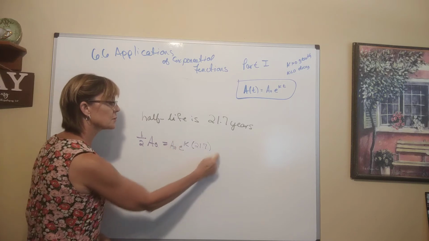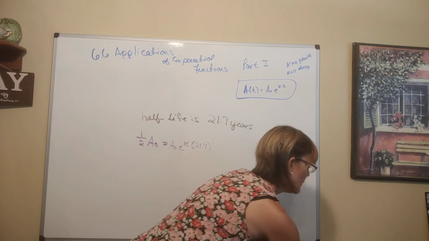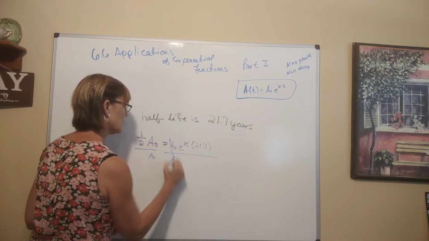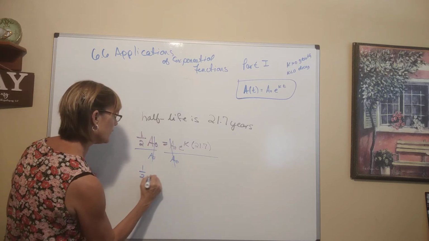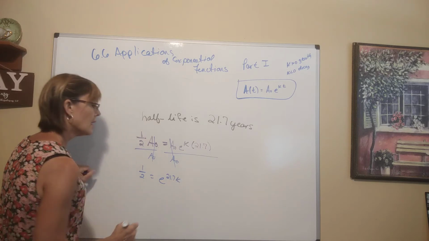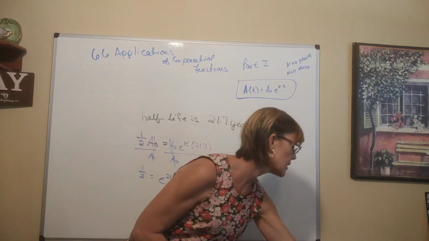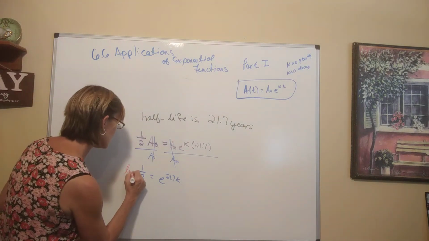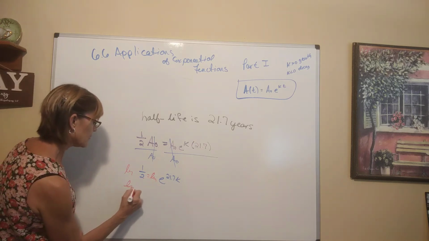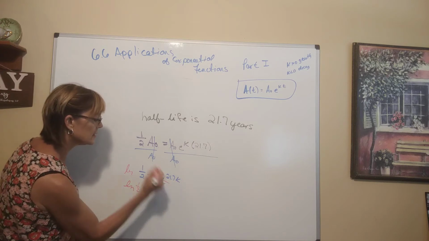So let's solve this. Isolate your exponential expression by dividing by A sub 0 on both sides. When we do that, we get 1/2 is equal to e to the 21.7 times k. I'm going to apply a natural log to undo the exponential, the inverse. So the natural log of 1/2 is equal to log base e of e to the something. These are undoing each other.